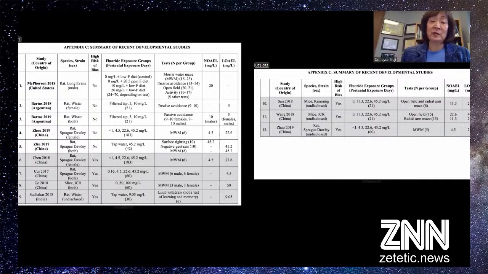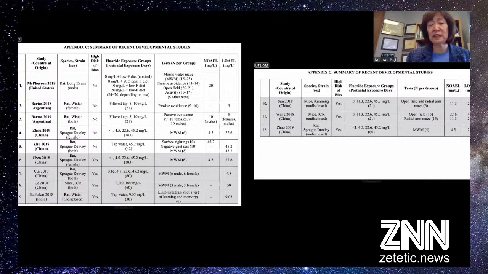The vast majority of them have serious issues for being confident about magnitude of effect or points of departure, as NTP stated. So even with the more recent literature, I don't think that opinion has changed much.